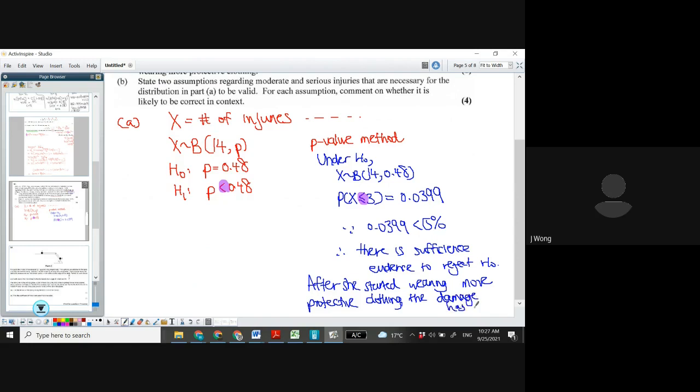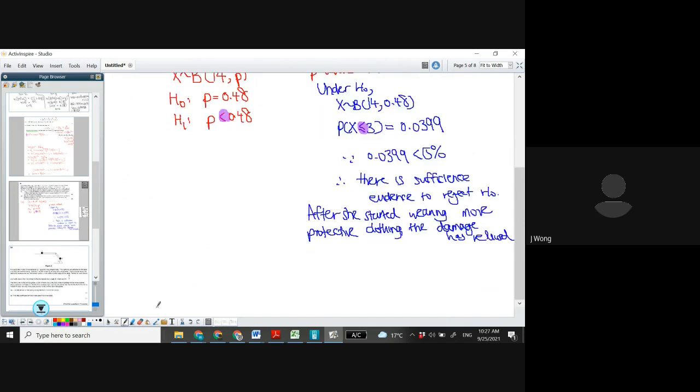Okay, so this is the p-value method. Now if I'm going to do it with the critical region method, I'm going to do it slightly differently. I start the same way, with the same hypotheses. H naught: p equals 0.48.